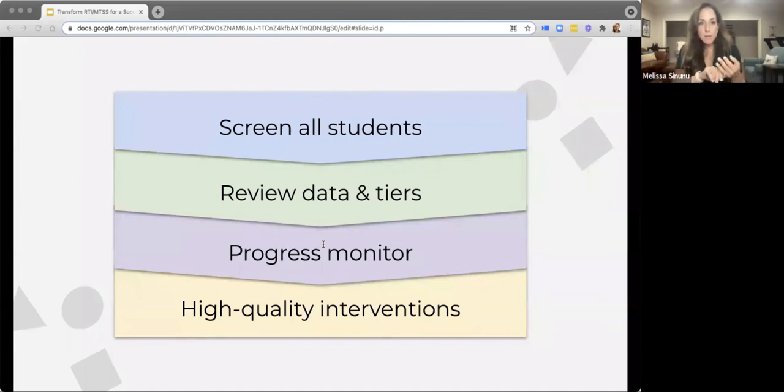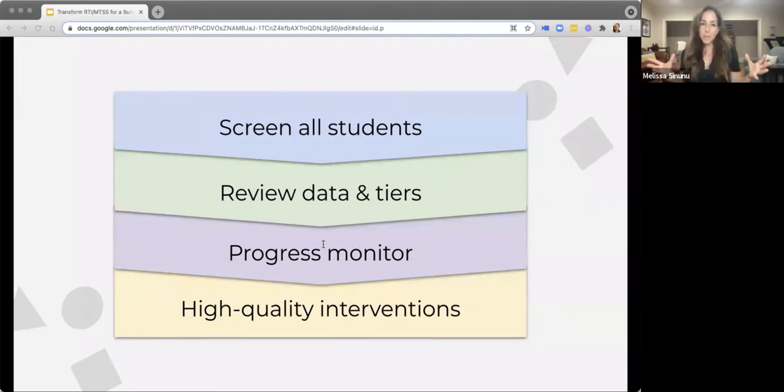We're going to screen all of our students. We're going to review the data, decide who needs to be in each tier. We're going to progress monitor the students receiving intervention services, and we're going to deliver high quality interventions for all students. Then ultimately, we will use the data to make adjustments to interventions as students progress or refer students for special education testing if they aren't progressing.